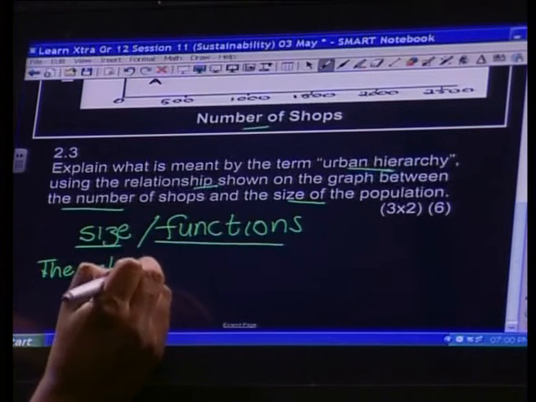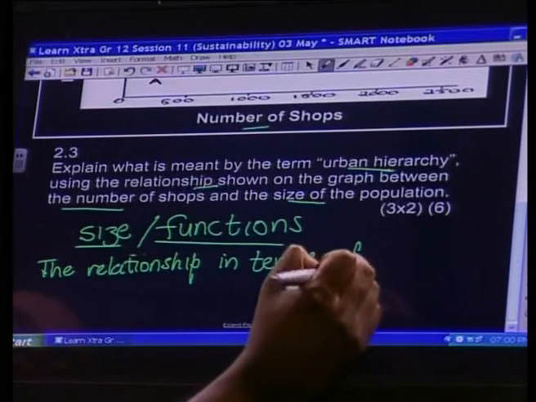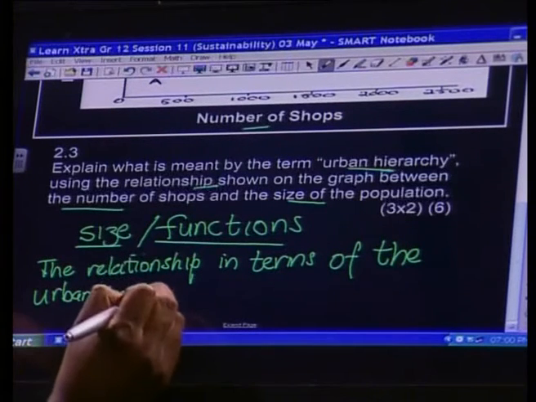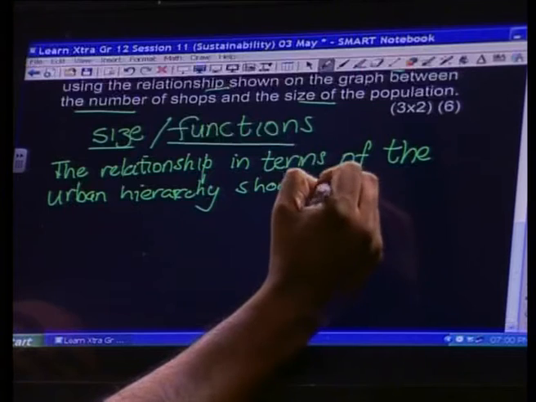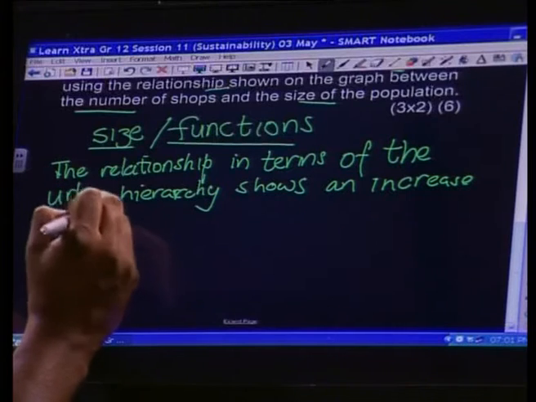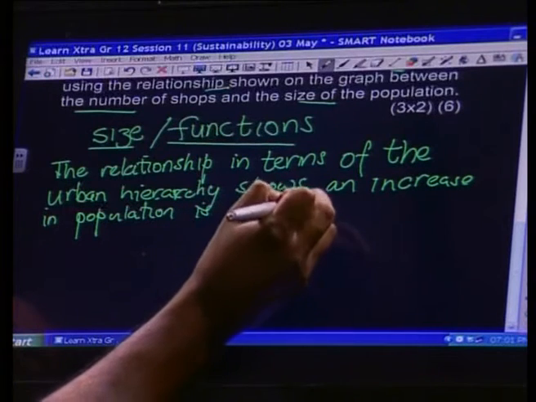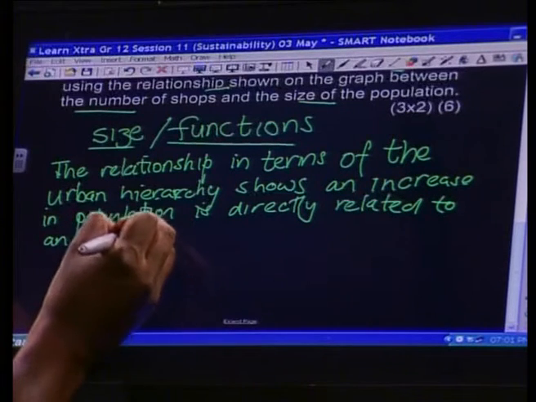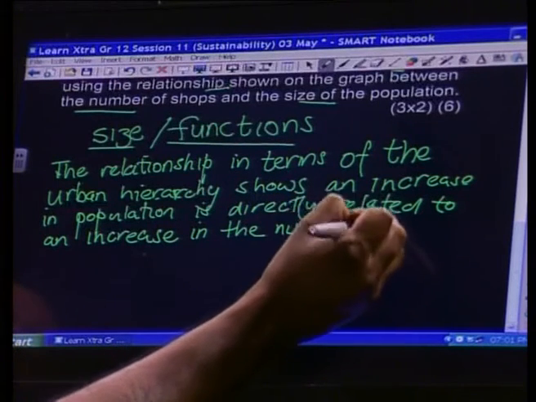relationship in terms of the urban hierarchy shows an increase in population is directly related to an increase in the number of shops.